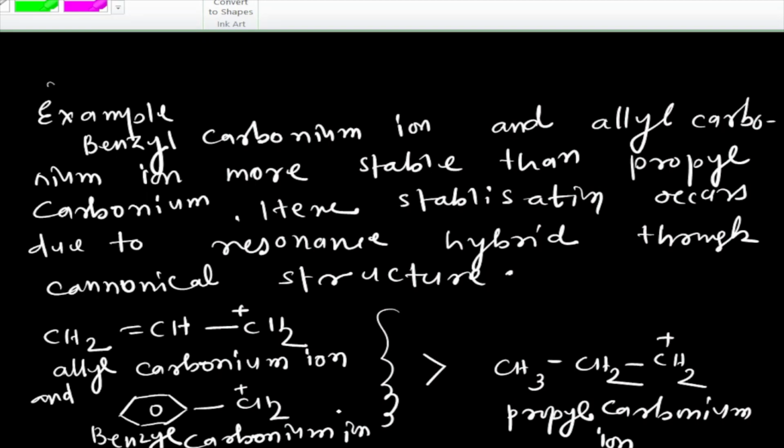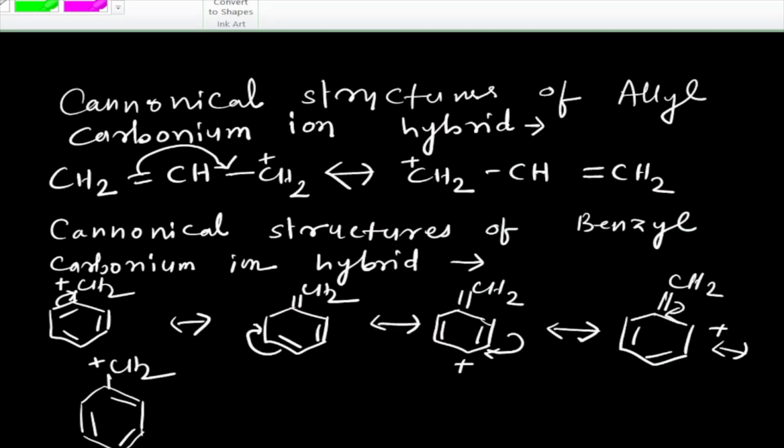So both are more stable than propyl carbonium ion, where there is no resonance, no canonical structure existing. So what do you mean? Allyl carbonium ion and benzyl carbonium ion are more stable than propyl carbonium ion.